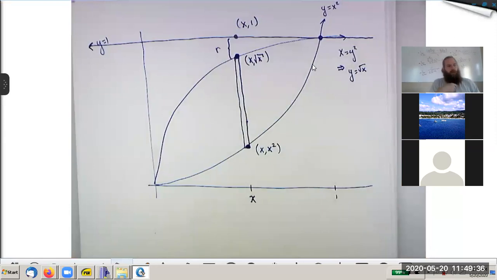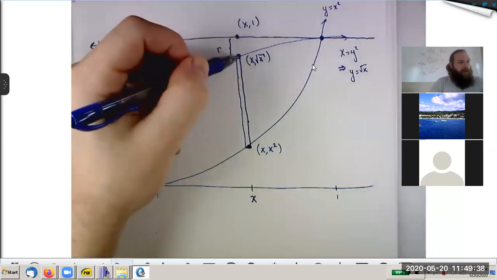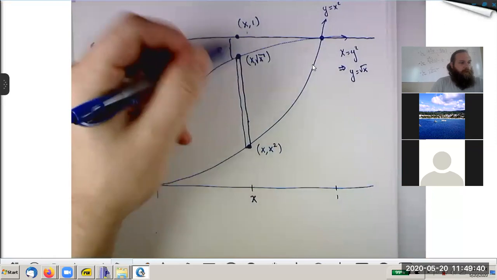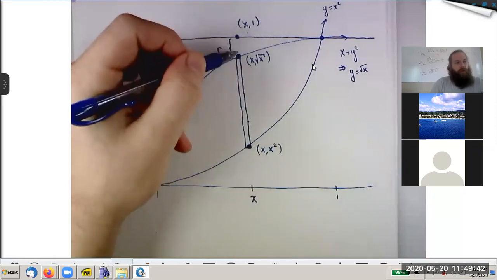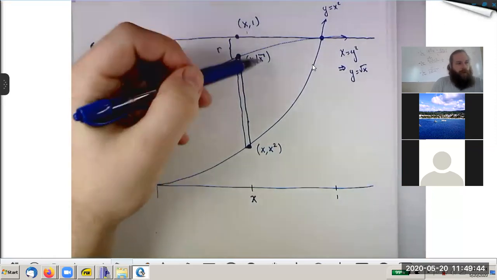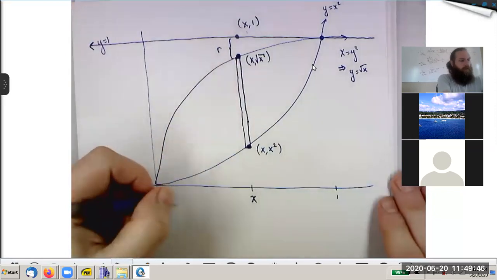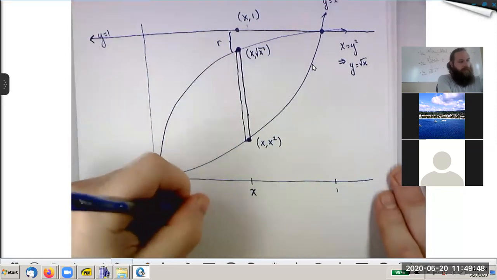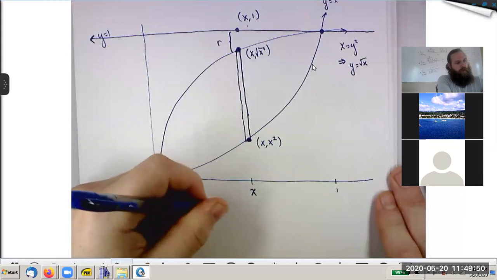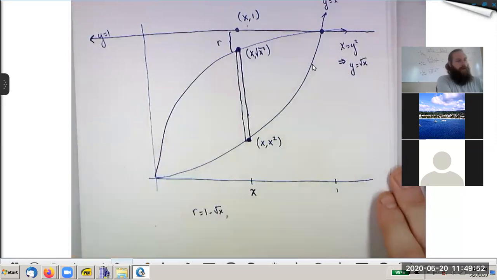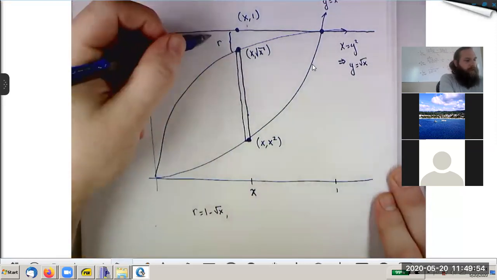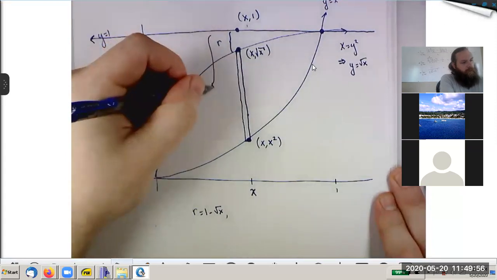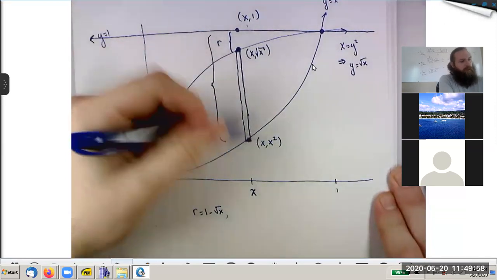So now the distance from here to here, they have the same x value, so it's just the difference of the y values. So that's 1 minus root x. And the distance over here, big R, again, they have the same x coordinate.